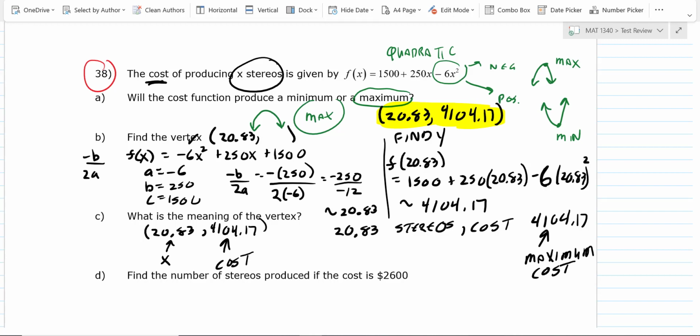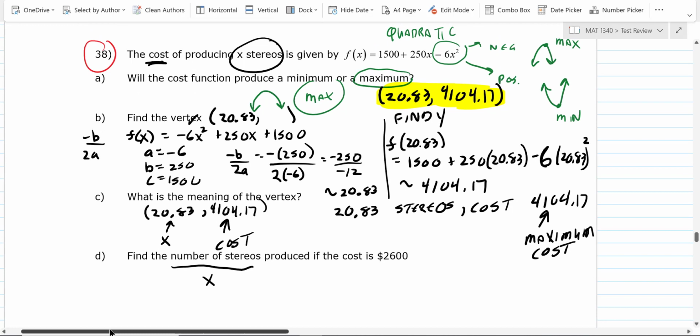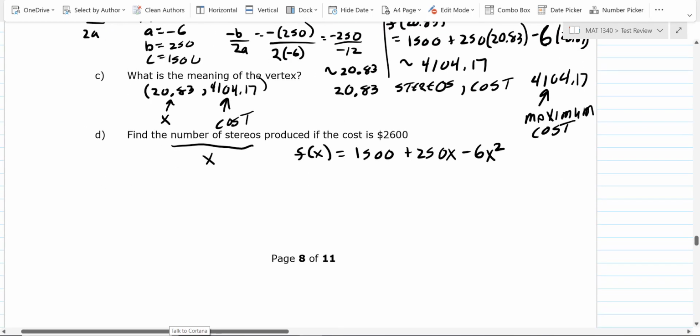Now the next problem. It says find the number of stereos, which is x, when the cost is 2,600. So let me just start this way. We're just going to write down the function. F of x equals 1,500 plus 250x minus 6x squared. Now you have to plug this in the correct way.